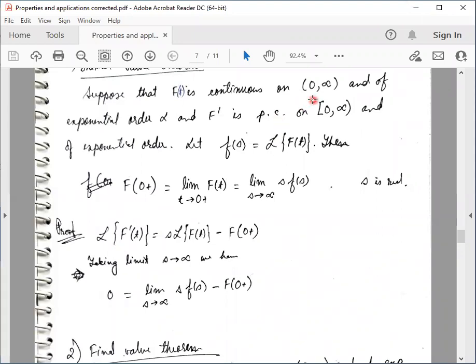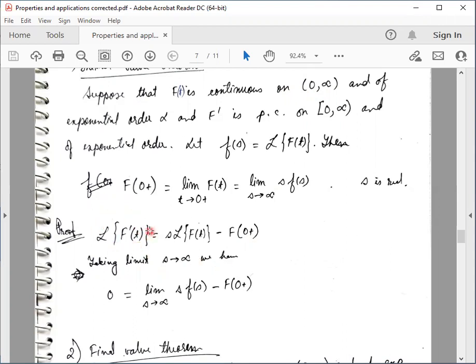Here we can see that the function is continuous from 0 to infinity, so we take the right hand limit, f of 0 plus. We don't know about the negative side. So we take the right hand limit, and now we take the limit s tends to infinity.